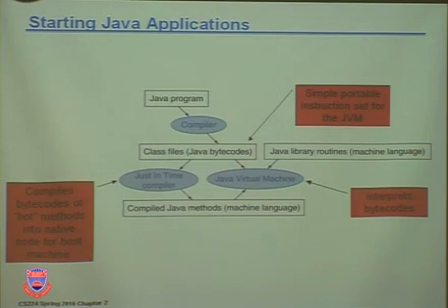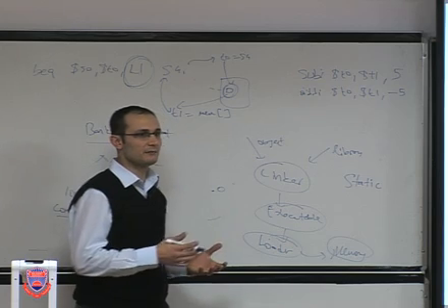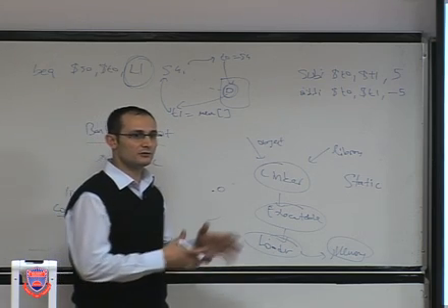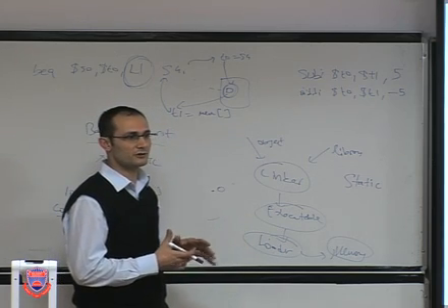The details are, if you want to read in further detail, you can check the book and also other sources. So Java applications behave a little differently. What's the difference in Java? Yes, you have the Java virtual machine, which means that whenever you compile and assemble your application, you compile it for the Java virtual machine.